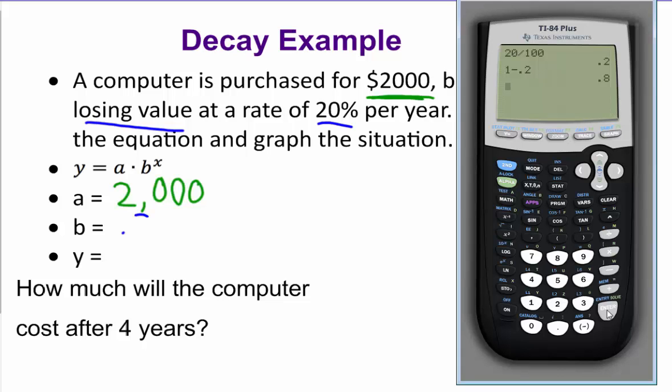So our b value is going to be 0.8. So when we rewrite our equation with our new values, we are going to have 2,000 times 0.8 to the x.